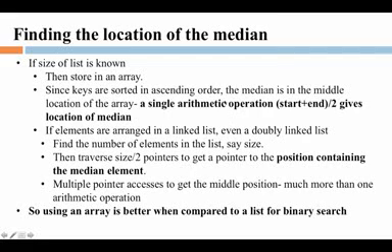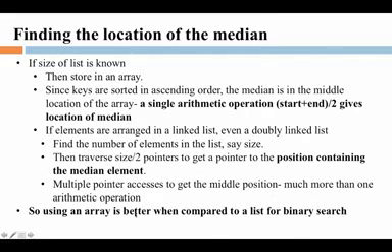So clearly, to get to the middle element of the array, only one arithmetic operation is required, no matter how large the array is. On the other hand, if you store the data in a list in ascending order, then to get to the median element, you have to use the size of the array divided by 2 pointer traversals to get to the median element.